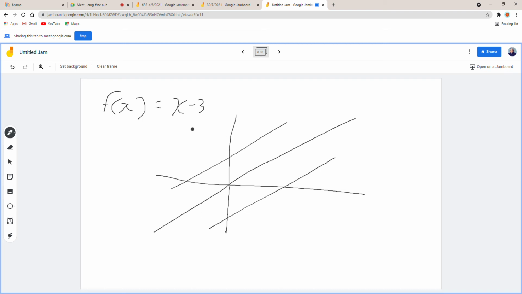Now if they ask to find the f inverse, how does the graph look? You just reflect it, and the mirror you have to draw is y equals x, like a 45 degree line.